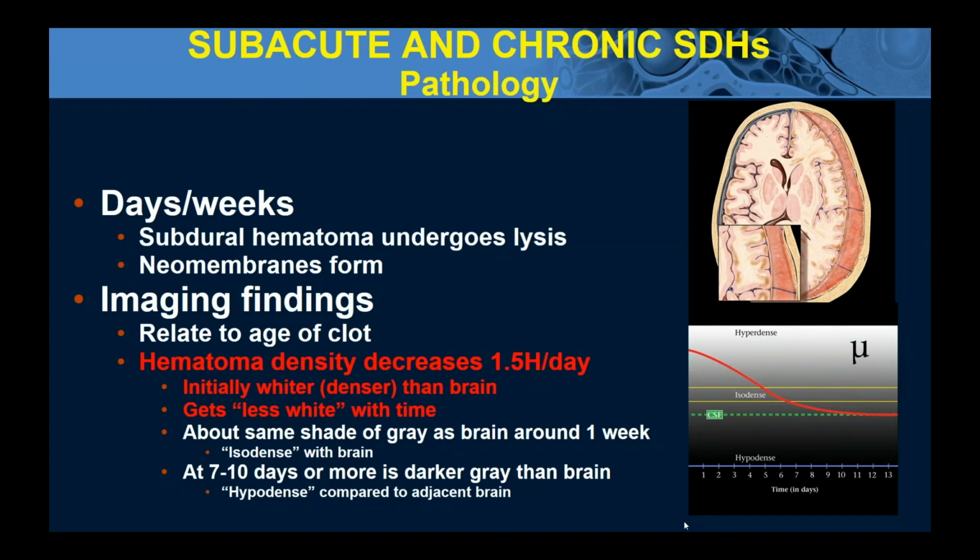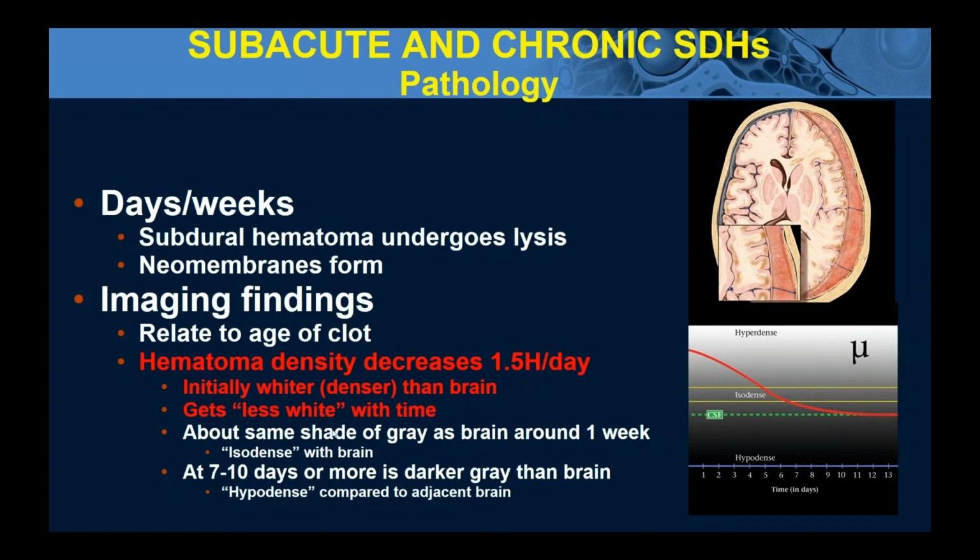As time goes on, at about the period somewhere between 5 to 8 days, that hematoma is going to be about the same grayness, or it will be isodense with the underlying brain, and then the hematoma will continue to lyse and resolve, and it will finally get down to very low density where it almost is the same density as spinal fluid.